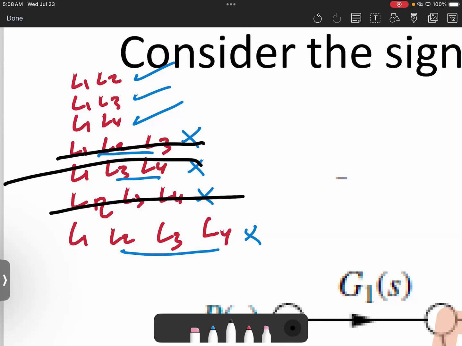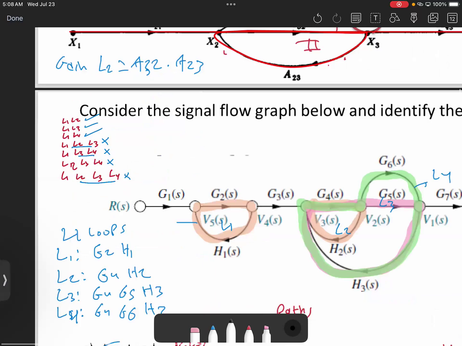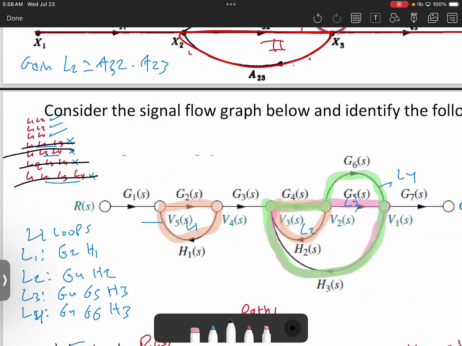L1, L2, L3, L4, all of them are touching, so we neglect it. Basically, when we deal with touching and non-touching loops, we deal with all of the combinations. Start with 2 loops, all of the combinations of 2 loops, then 3 loops, all of the combinations of 3 loops, 4 loops, etc. Try to expand it more, step by step. We need to consider all of the possibilities regarding touching and non-touching loops.